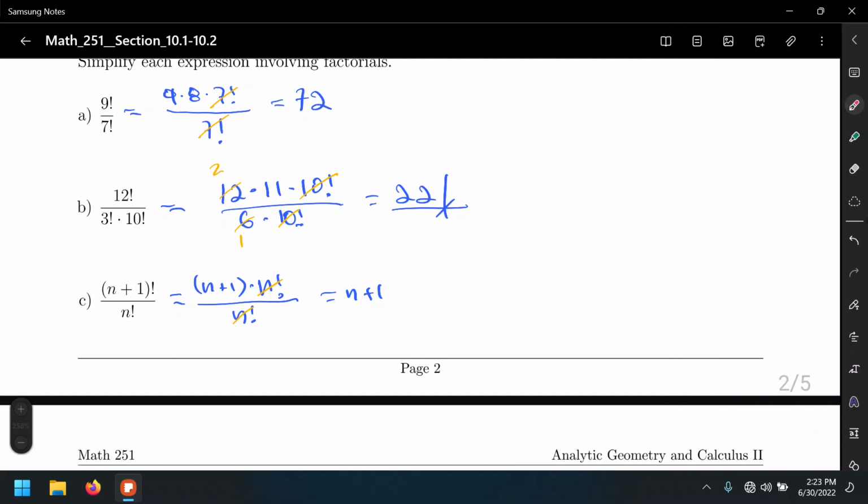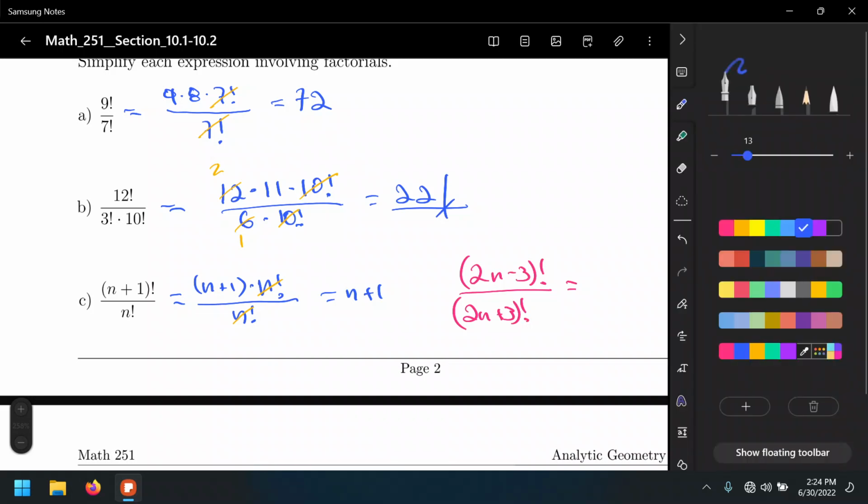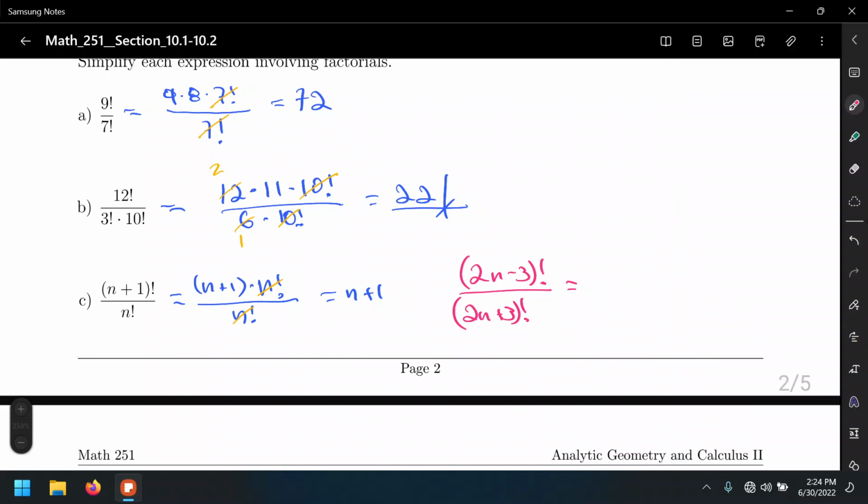For instance, 2n plus 3 factorial over 2n minus 3 factorial. Which of the two factorials is the largest? The one at the bottom, I mean the top. So we're going to expand towards the largest, in this case. 2n plus 3, one less would be 2n plus 2, 2n plus 1.